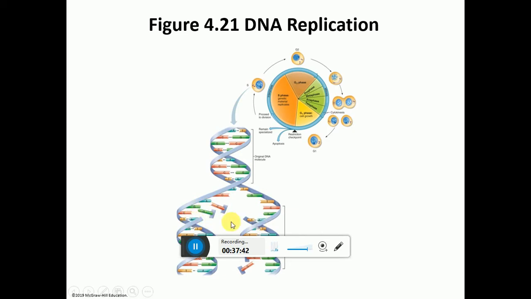So you'll end up with two copies. You start off with this one copy, but you'll end up with two copies. So again, your steps, first off, you have to break these hydrogen bonds. You'll untwist or unwind, as you can see it here, and then you are going to read these nitrogenous bases and bring in the complementary bases.